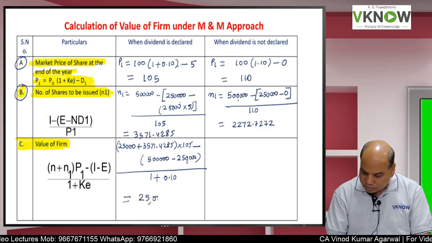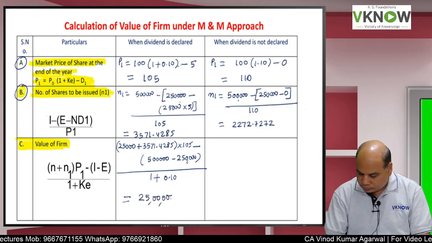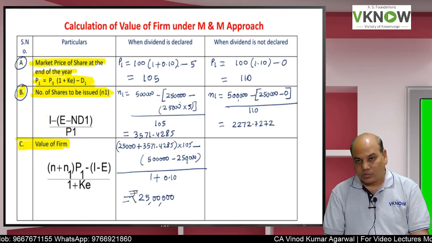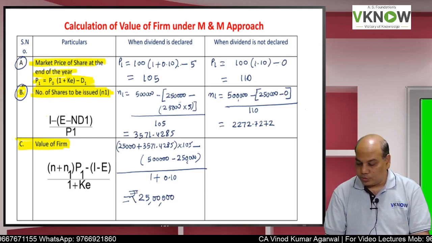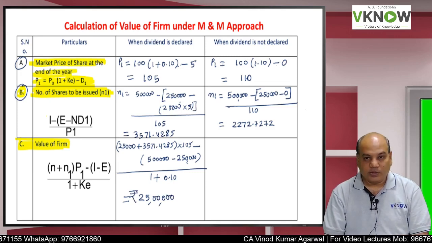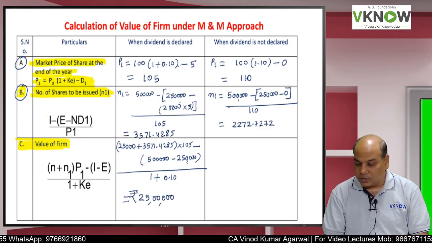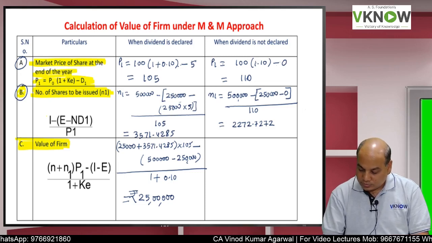It's 25 lakh rupees. Is it 25 lakh? And what we have to prove is that the answer will be the same even if dividend is not declared.